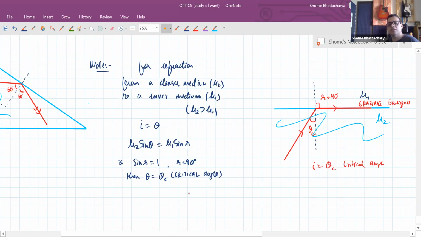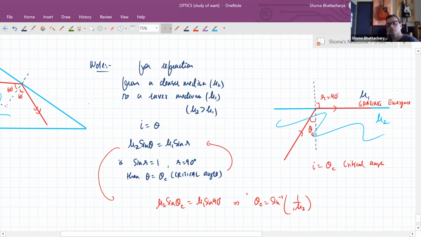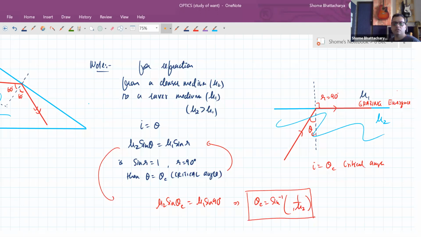So there is a formula for this critical angle, as you can see. So substitute this here. So you have mu2 sine of critical angle is equal to mu1 sine 90 degrees. So the critical angle is given by this formula, sine inverse of mu1 by mu2. Okay, like this. This is the formula for critical angle. So what happens is if your angle of incidence is less than critical angle, then your situation will be like this.